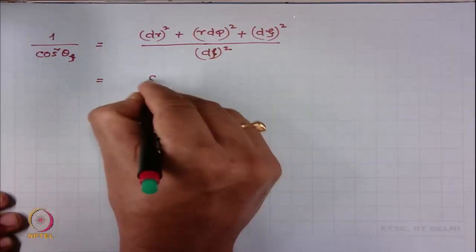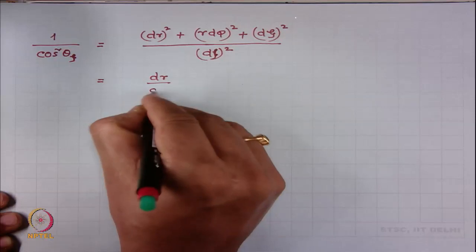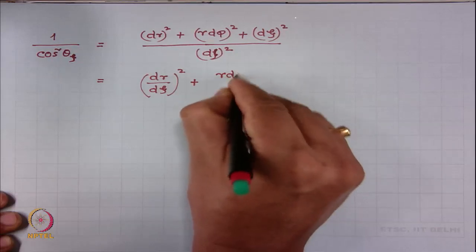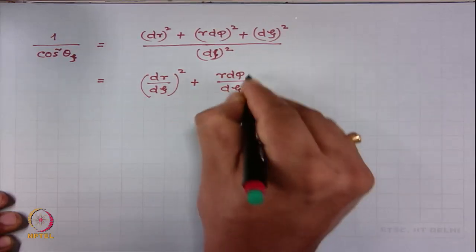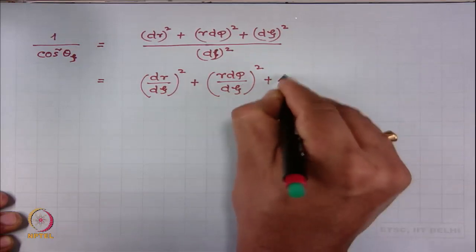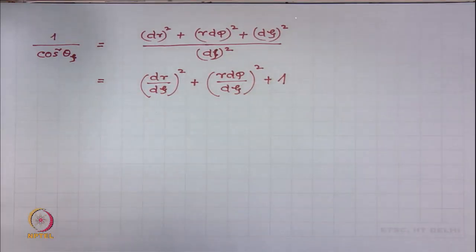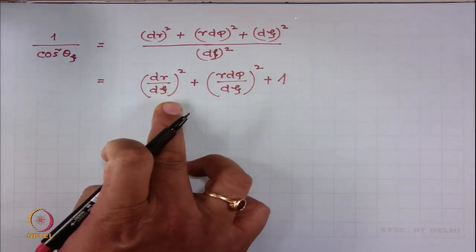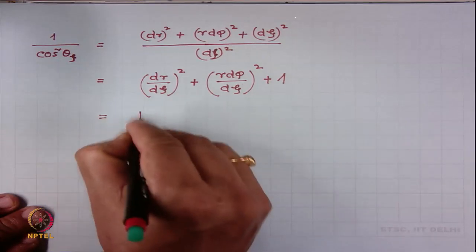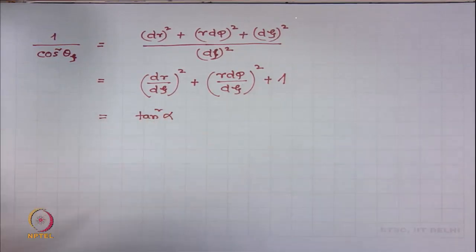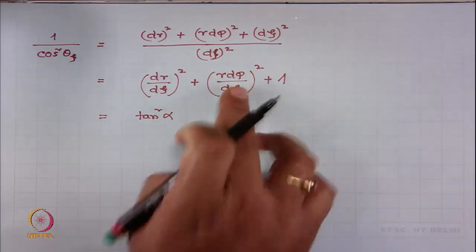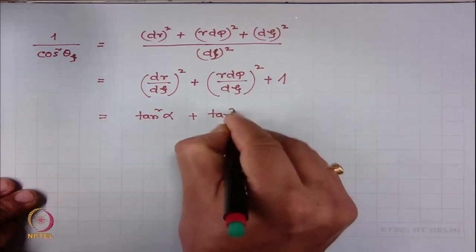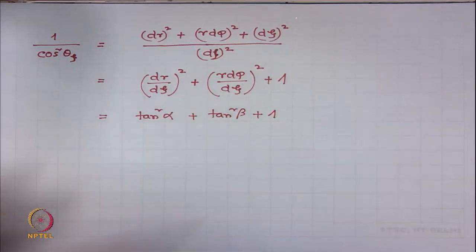So, we can write this as (dr by d zeta) square plus (r d phi by d zeta) square plus 1, right. Now, what is dr by d zeta? This is your tan alpha, so this is tan square alpha, and r d phi by d zeta is tangent beta, so tan square beta, plus 1, right.